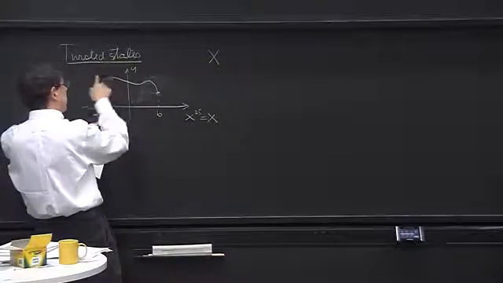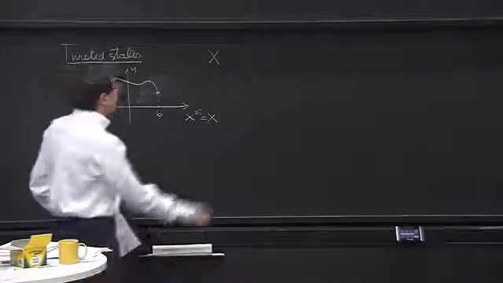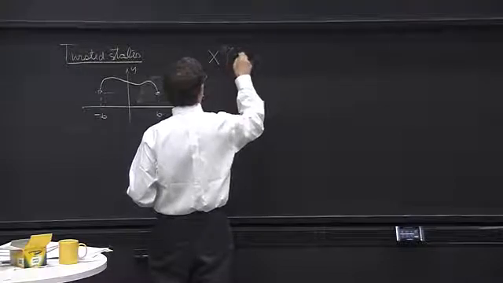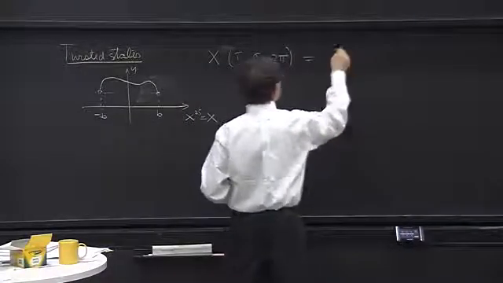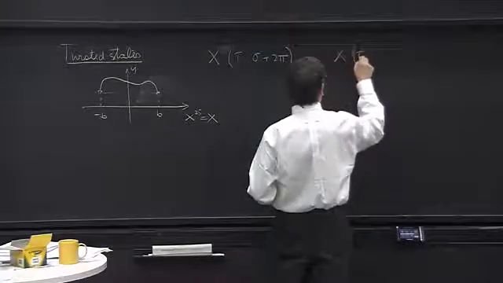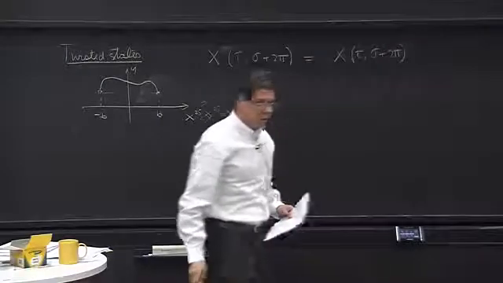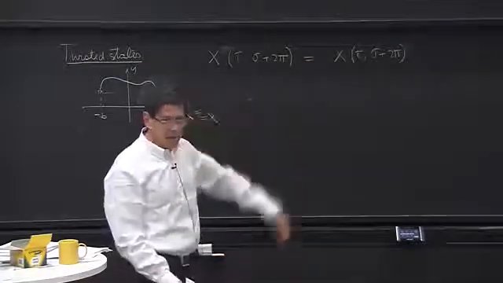So the string may look open, but it's really closed. So we said x25 of tau sigma plus 2 pi used to have to be equal to x of tau sigma plus 2 pi, and that's indeed true, and we got all the states that satisfy this boundary condition.